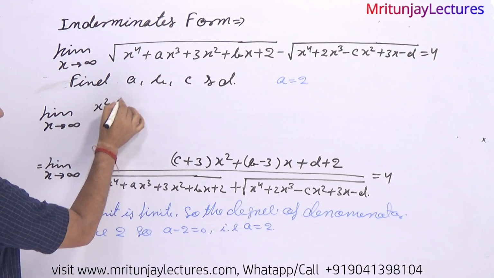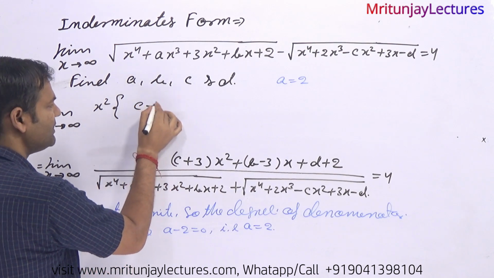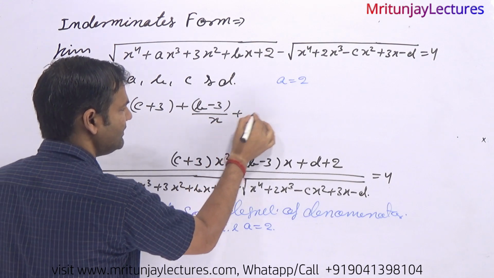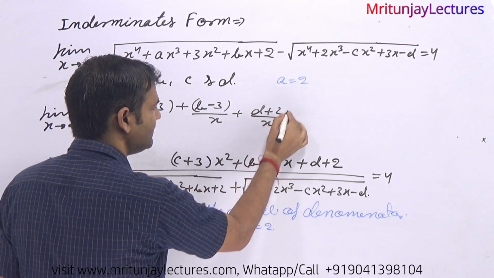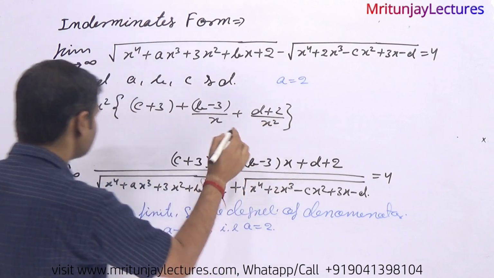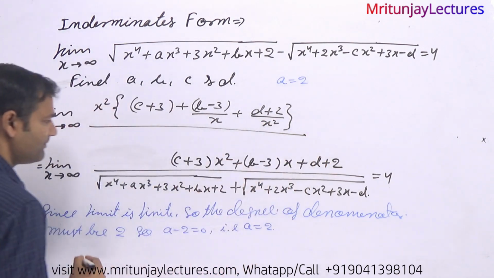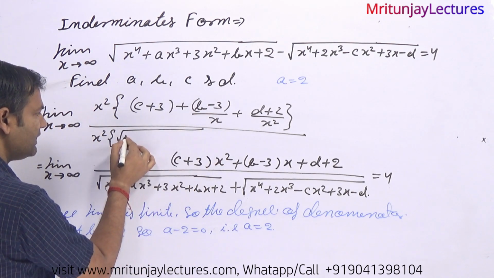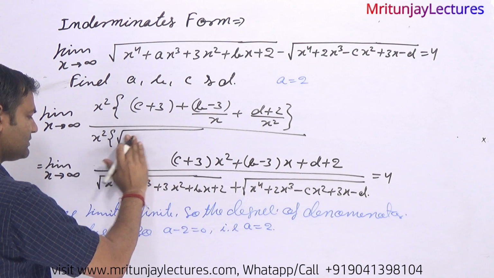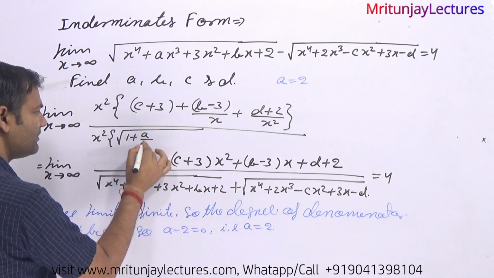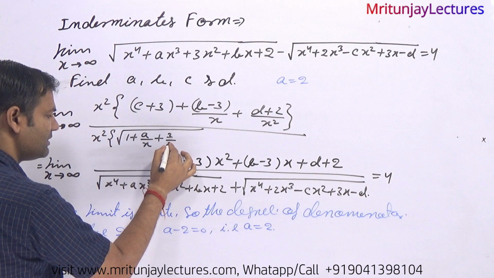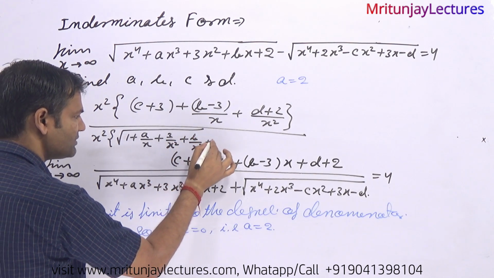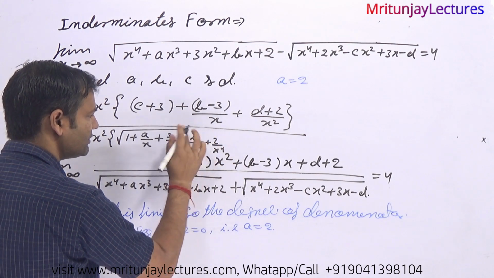If we take x square common in the upper part, we get c plus 3 plus (b minus 3) divided by x and (d plus 2) divided by x square, divided by, if x square is common, 1 plus a divided by x plus 3 divided by x square plus b divided by x cube plus 2 divided by x to the power 4. Clear or not?